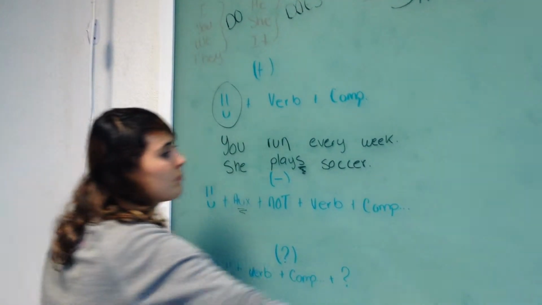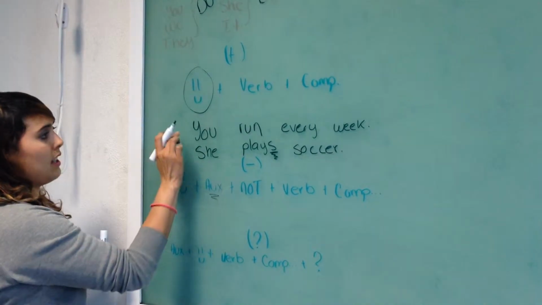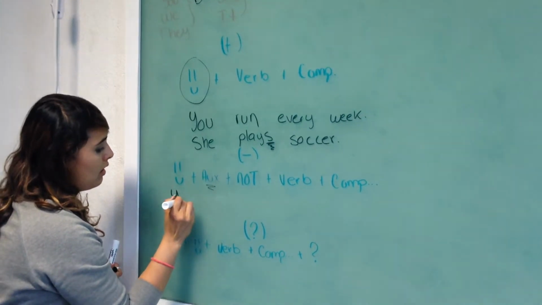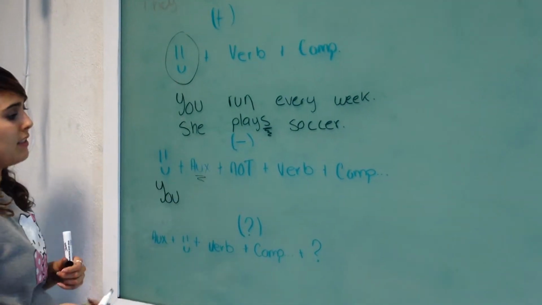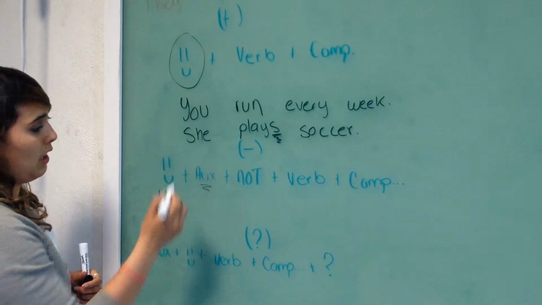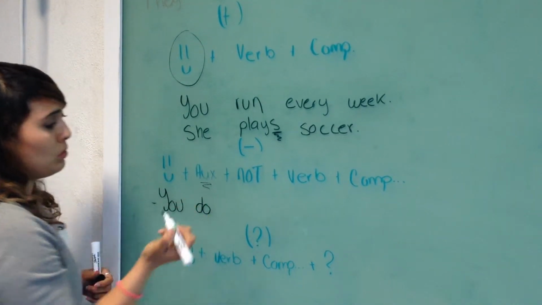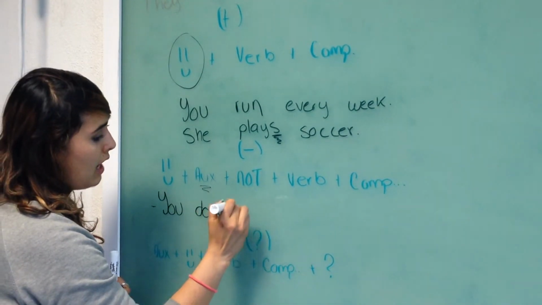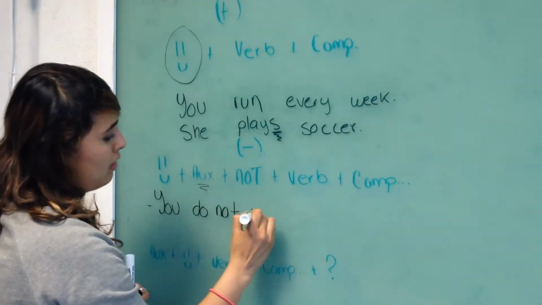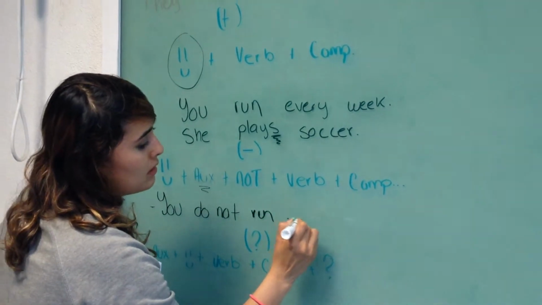For example, the same in negative is the person you, auxiliary do, negative, not, verb, run, plus the complement.